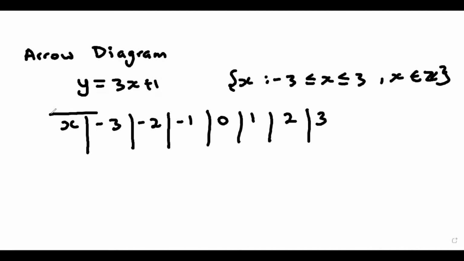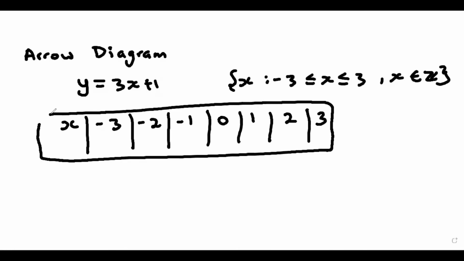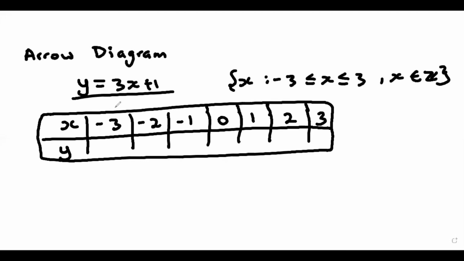So we can draw a little table. That means now we'd have our y's. So anywhere we see x in this equation, we substitute -3, -2, -1 so that we can get the corresponding y values. So when x is -3, y is going to be equal to -8.